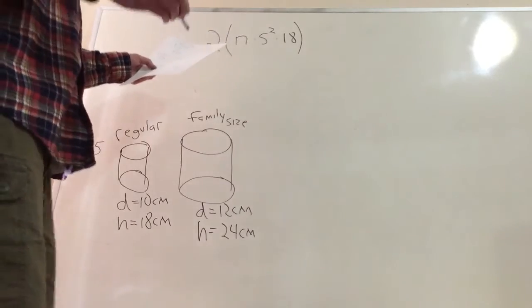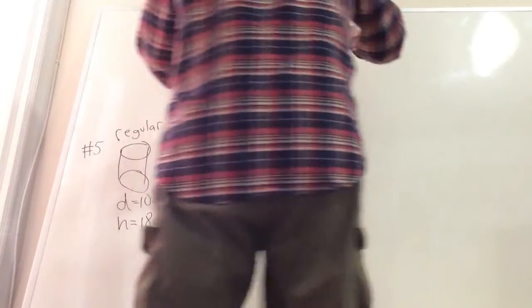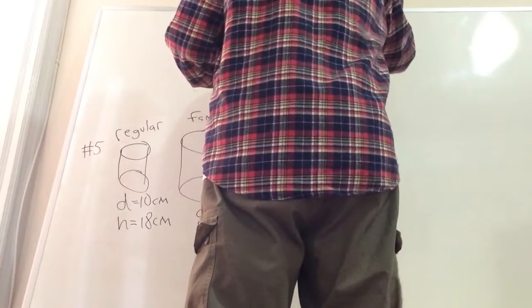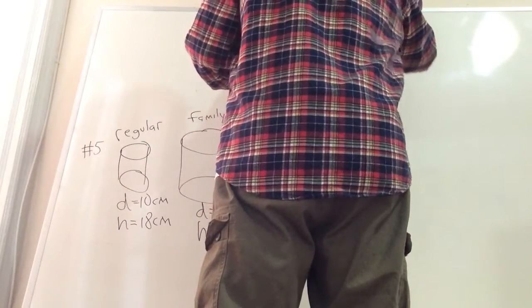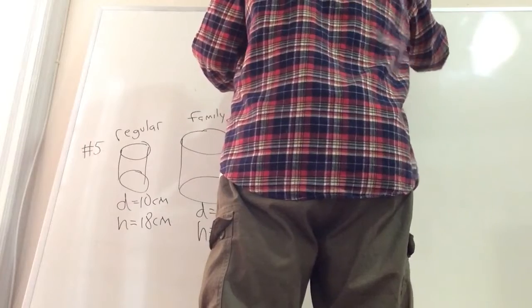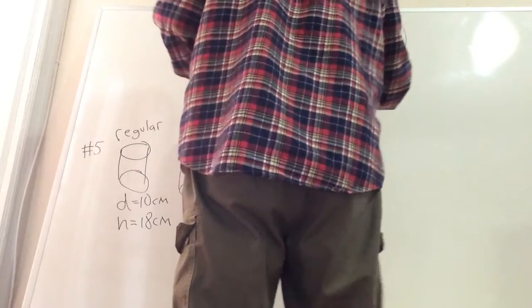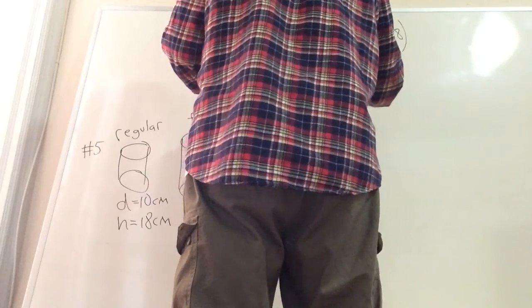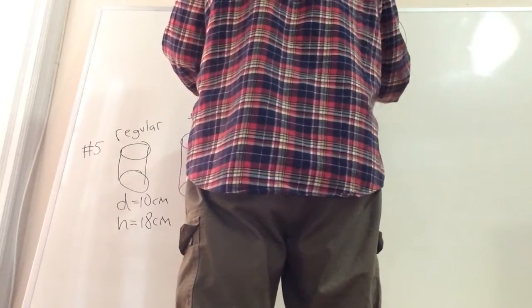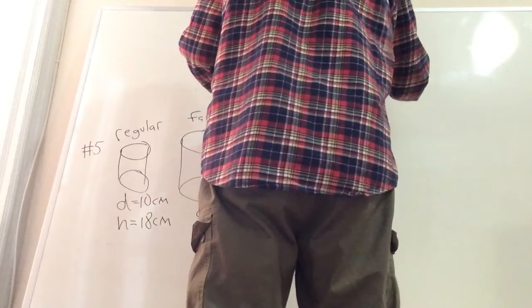Okay? Let's see, what do I have here? Pi. Then I end up over here working sideways. I get 2 times pi 25 times 18. And then when I multiply everything together, I'll let you do those honors. I get 2 times pi times 450.